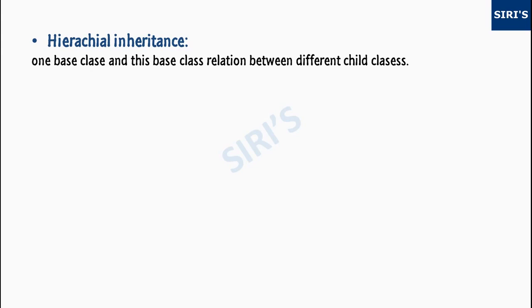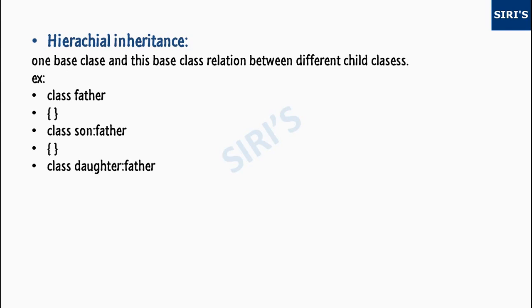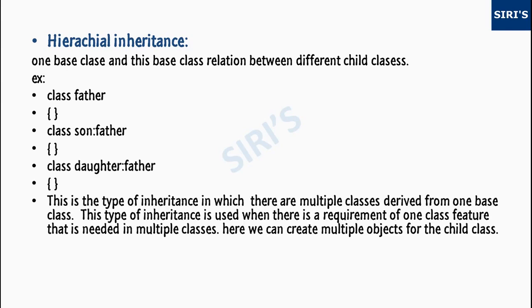Hierarchical inheritance: one base class and a relation between this base class and different child classes. For example, class father and so on. Here is a syntax for how we write hierarchical inheritance.